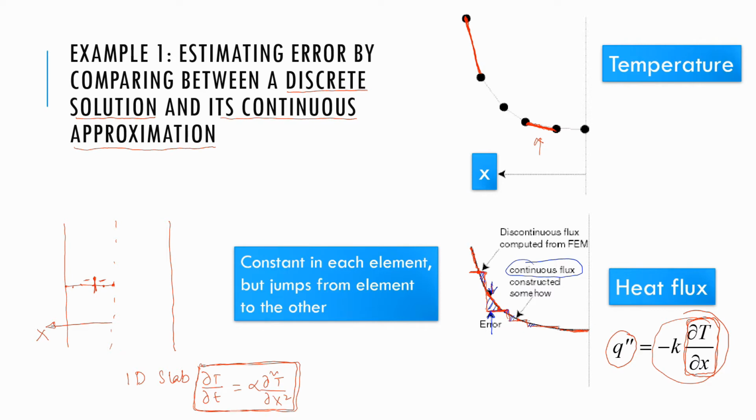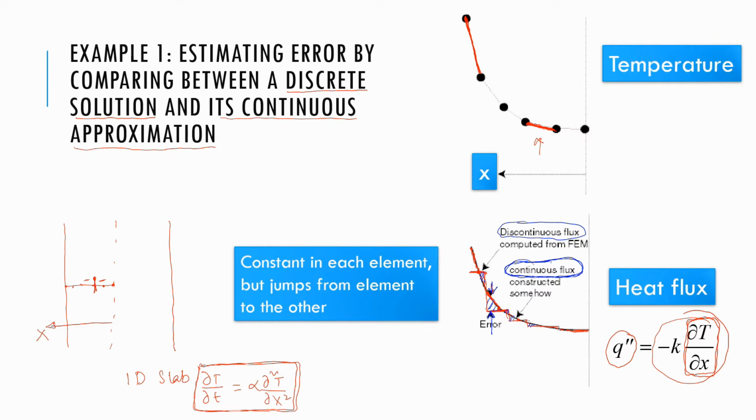We got this continuous flux from the solution, and then we're saying, well, this is likely to be closer to the true solution, and we're taking the difference between this and the discontinuous flux that we computed from the finite element.